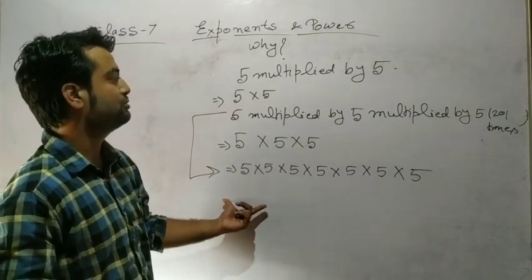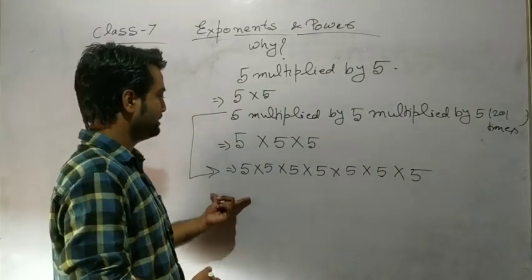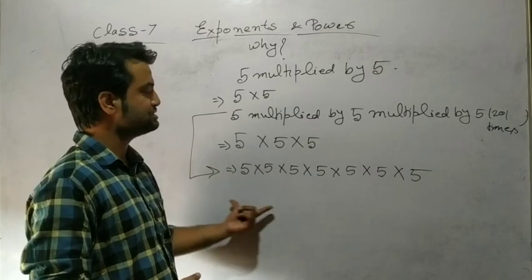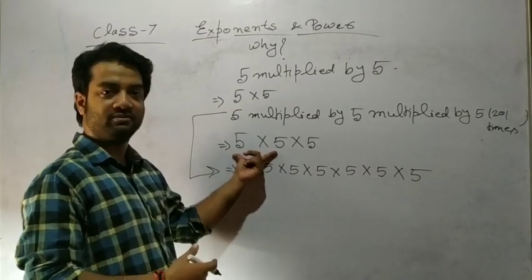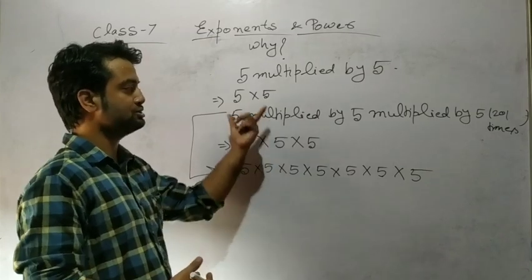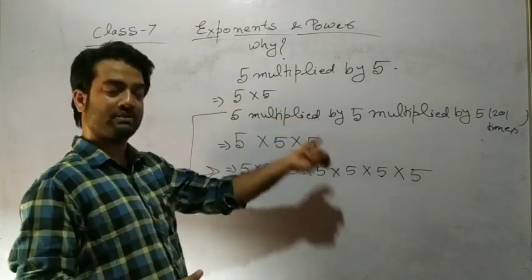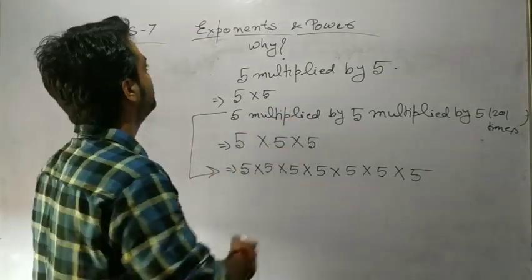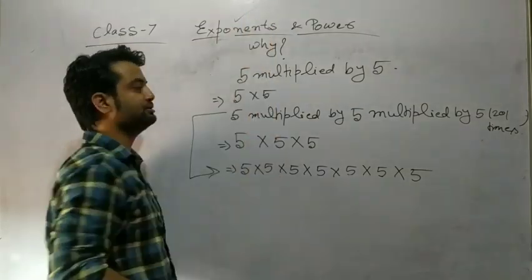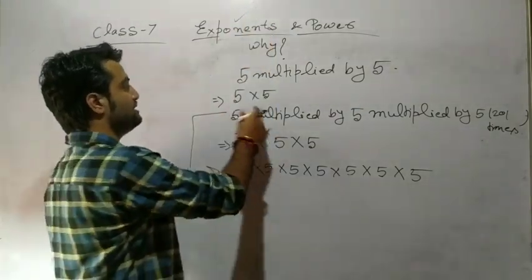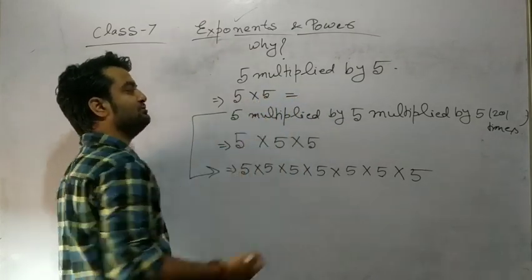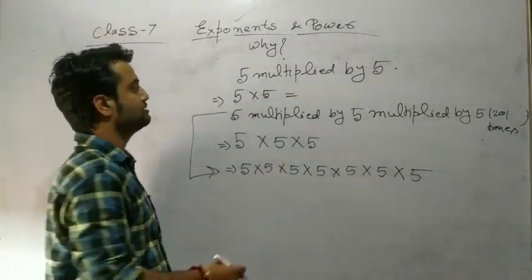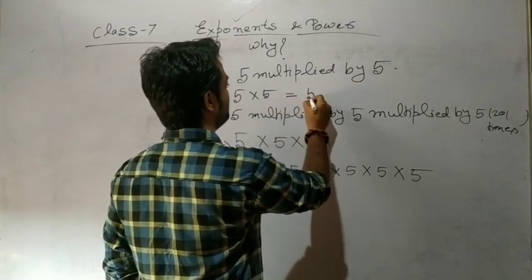So to get the solution for such numbers, so that we can write and express these huge numbers when a number is multiplied with itself, there the exponents come into play. 5 multiplied by 5 can be written as, what is this? 5 multiplied with itself 2 times. So it can be written like this.